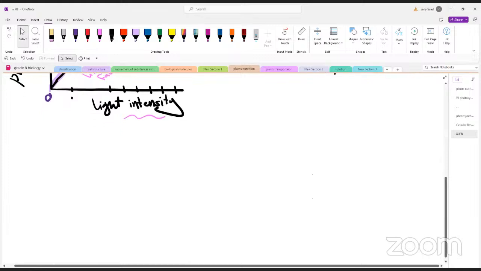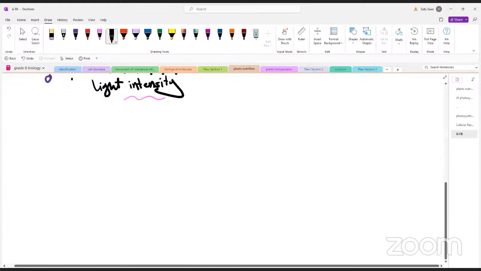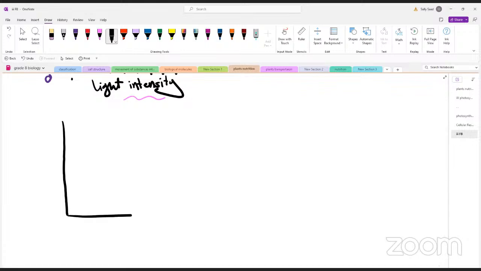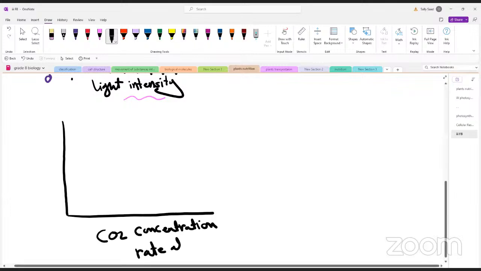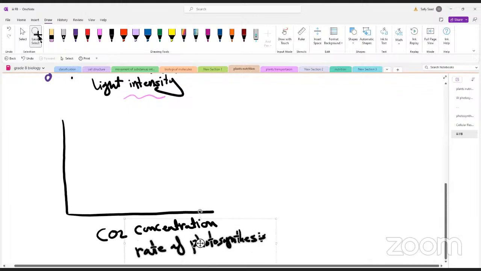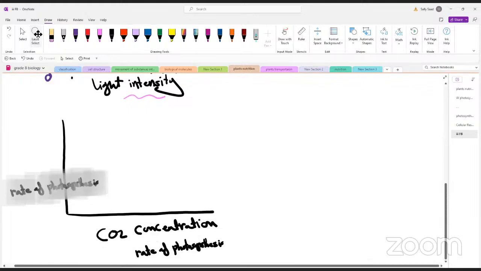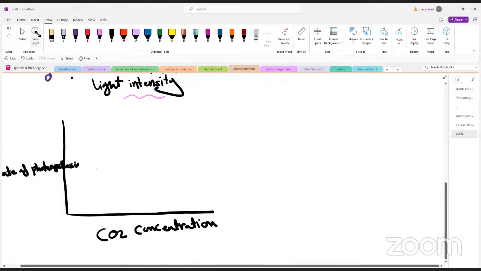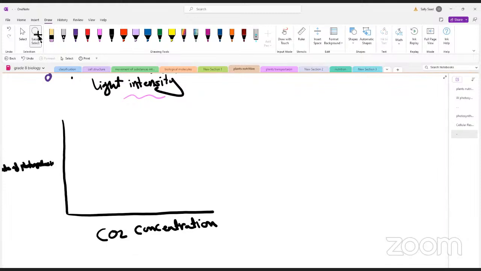If I would like to plot a graph for the carbon dioxide concentration and the rate of photosynthesis, who can sketch that graph?